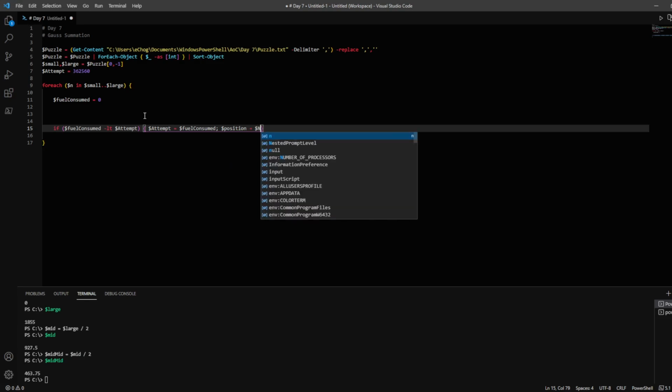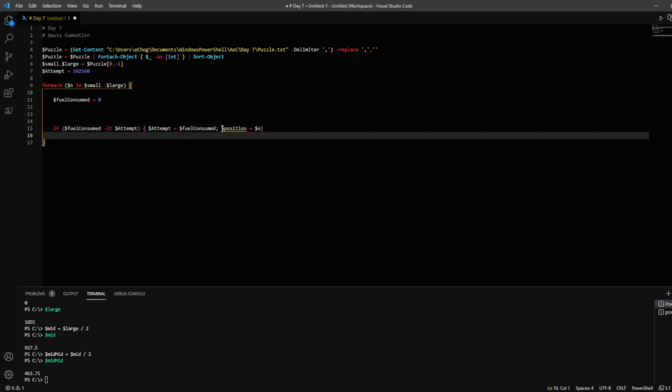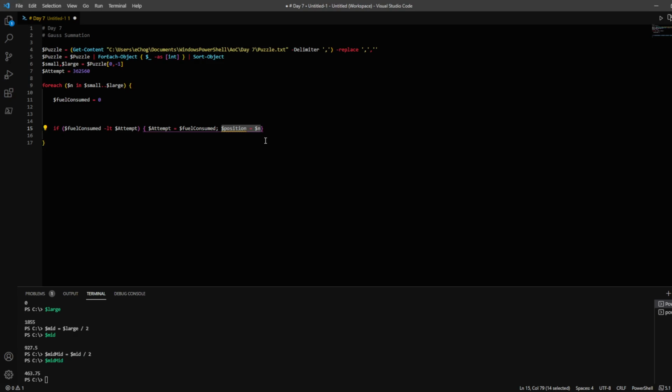Position equals n. I want to figure out where they all had to align. This is not part of the problem, but I was curious. So I want to see where the position was to make them all line up that caused the lowest number of moves.